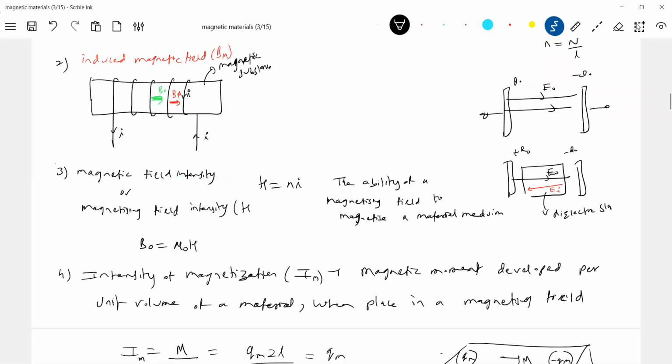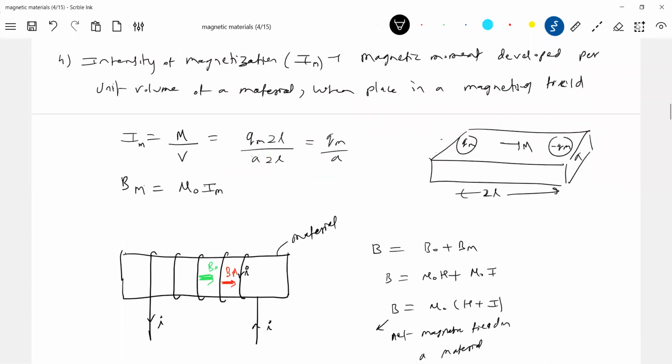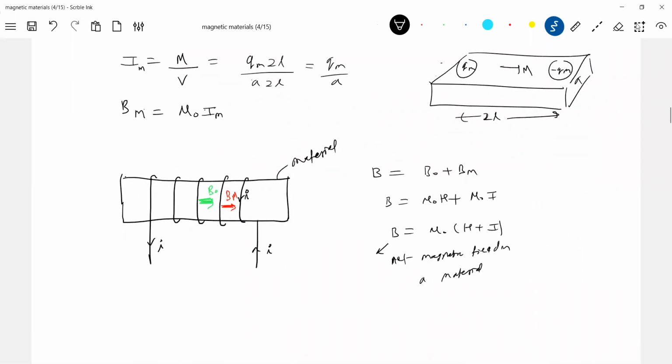We write E naught minus E I, no. So then why don't you write B naught plus Bm? If Bm is opposite to B naught, I'll write B naught minus Bm. If Bm is the induced magnetic field in the direction of the external field, I'll write B naught plus Bm. So it can be plus or minus. It all depends on the material. I just picked up a material where the induced magnetic field will be in the direction of the external field. Okay, agree with this? Let's not bother ourselves much here. It can be plus or minus, no doubt.